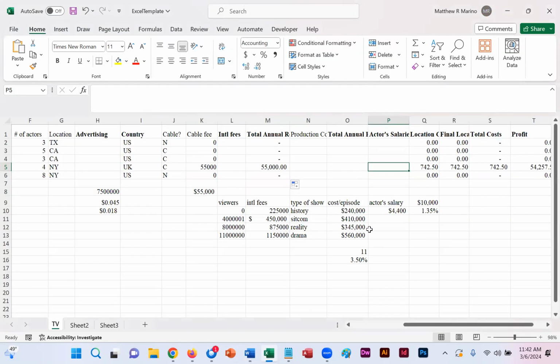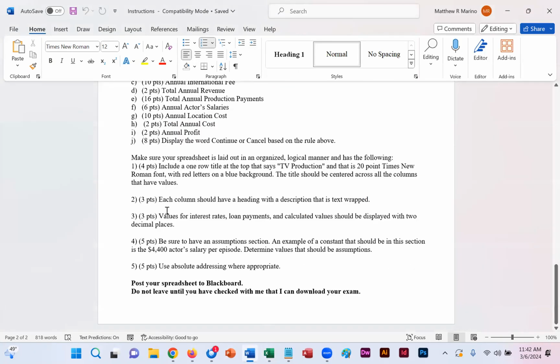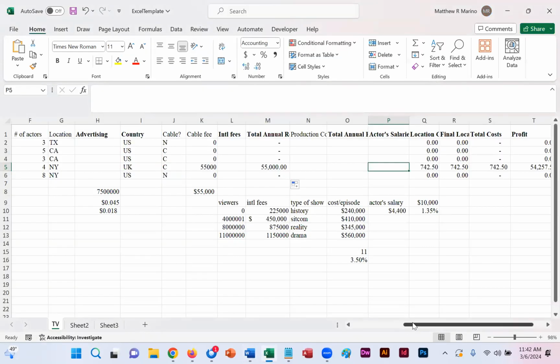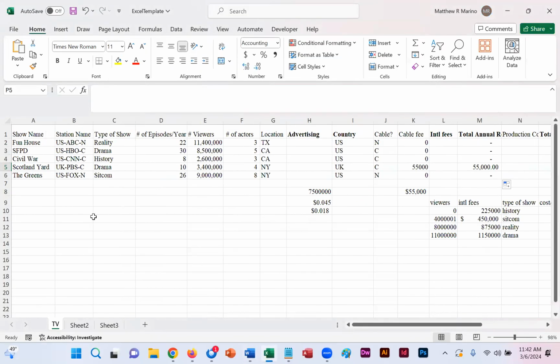So once you've done everything else, go back in and adjust everything accordingly for those 3 formatting. Then for number 2, each column should have a heading with a description that is text wrapped. Like I showed you on Monday, all you do is click that first row and then click the wrap text button.